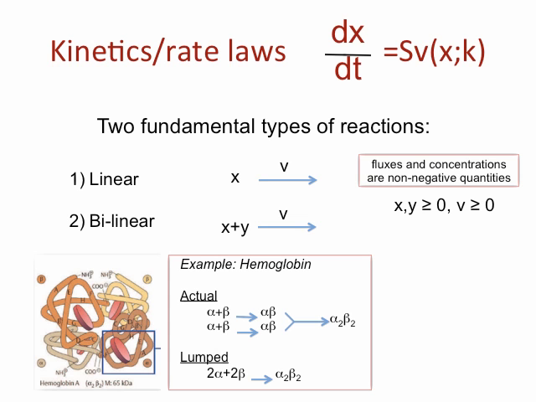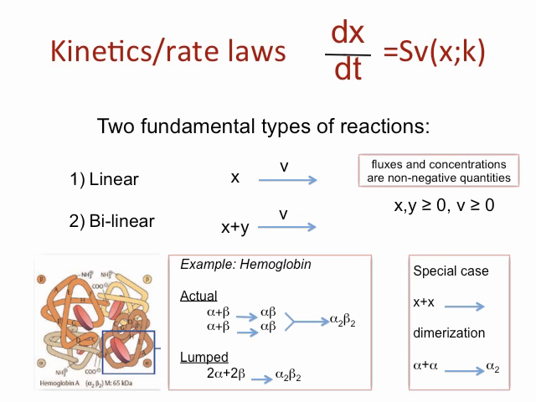Therefore, this is a lumped representation of the reaction. All the elementary reactions are either bilinear or linear as indicated above. We'll talk more about combining elementary reactions here in a moment.